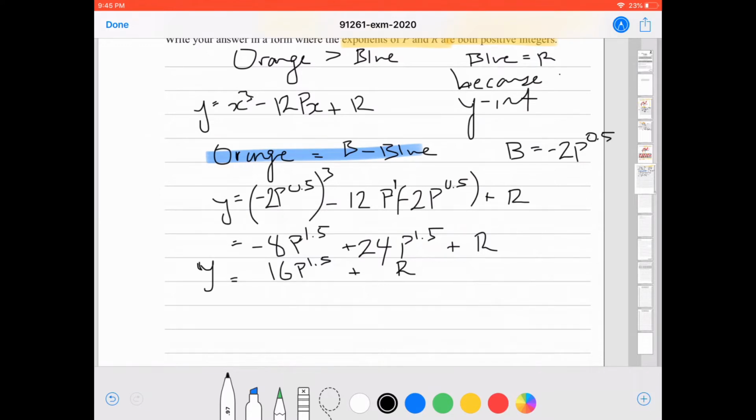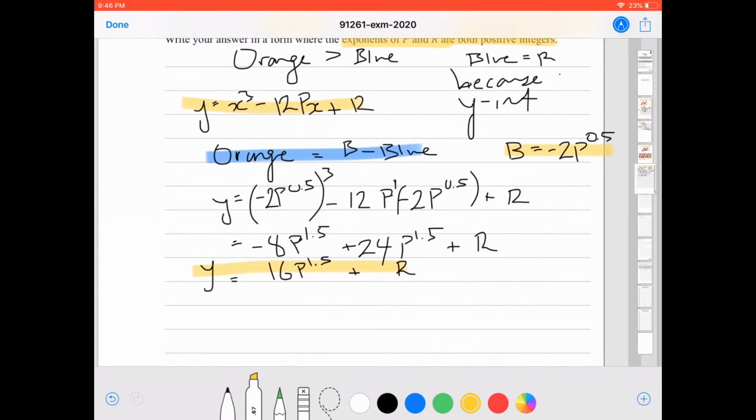Remembering that this equation here is a function, and we had substituted in B equals minus 2p to the power of 0.5, effectively meaning y equals 16p to the power of 1.5 plus r is the value for y. It represents the y coordinate at point B.